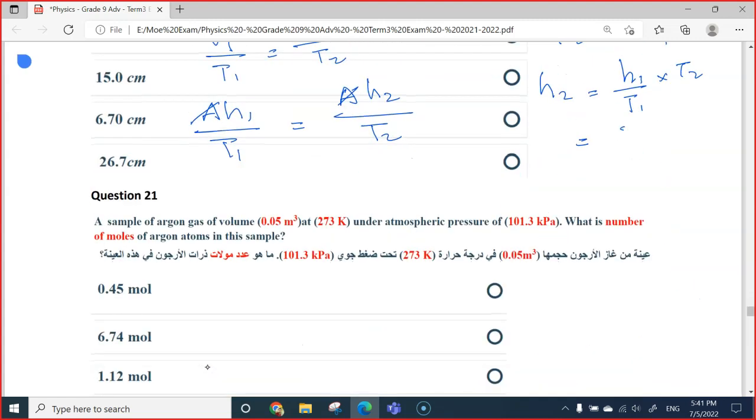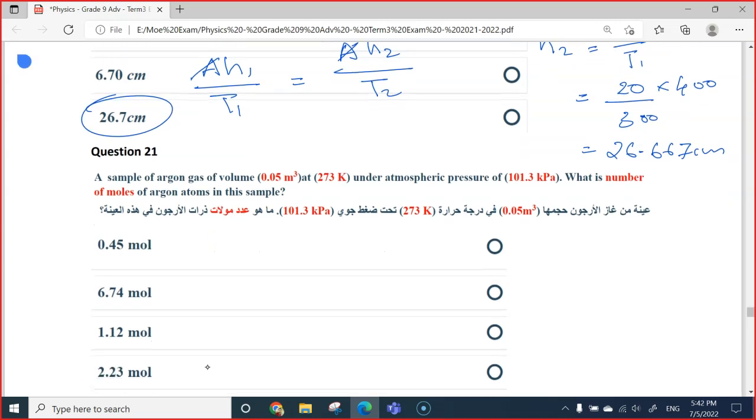So 20 divided by 300 multiplied by 400, that is equal to 26.667 centimeter. So we will choose this 26.7 centimeter.